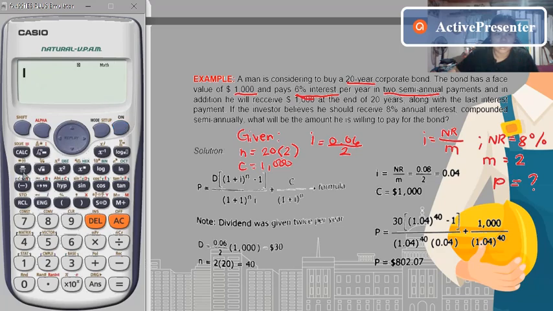Solving for the amount or the P, we need to substitute the given data.